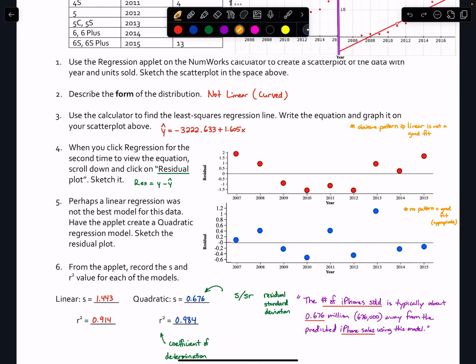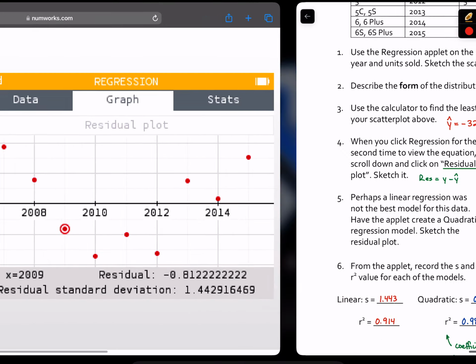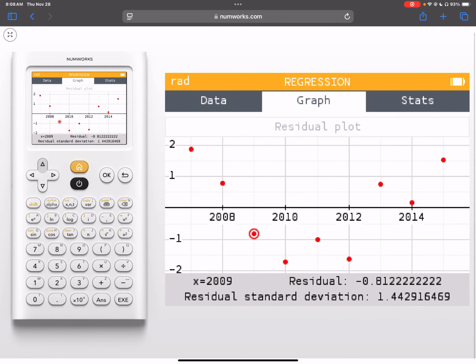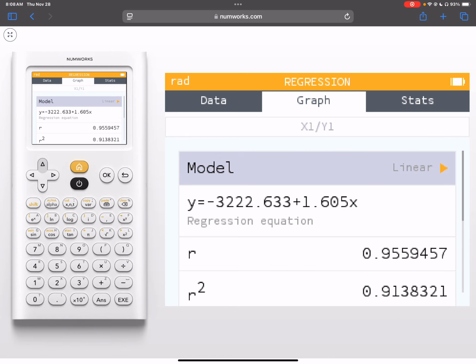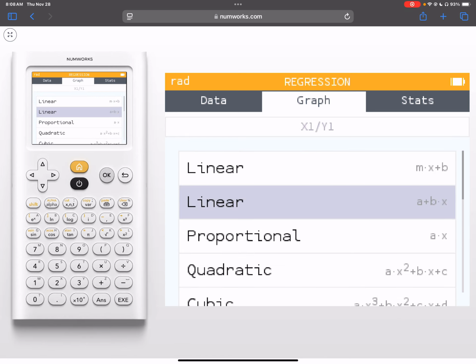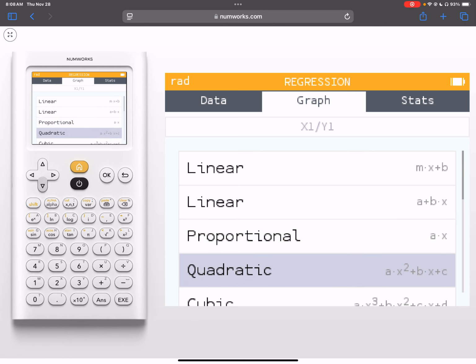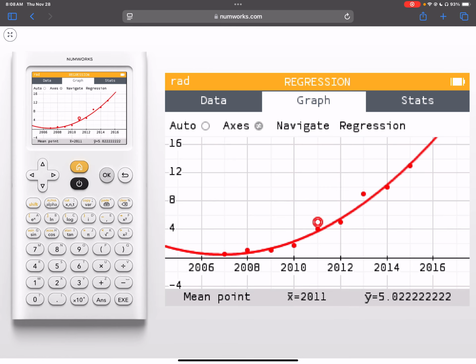So if we go back into our calculator, I'm going to change my model. Instead of doing linear, I'm going to scroll down to quadratic. And now you can see, wow, that lines up pretty darn well with a lot of our data points, a lot closer than the line did.